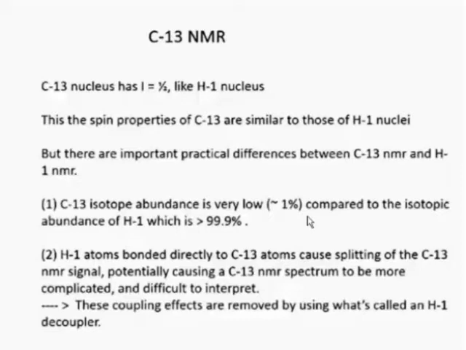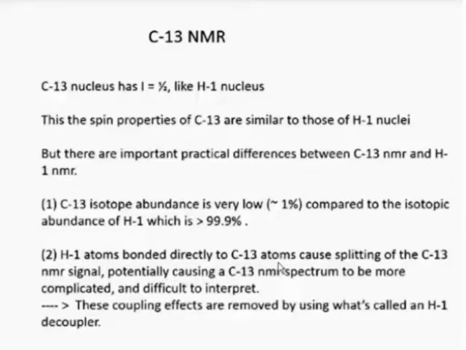Now there's another issue with C13 NMR. A carbon atom in a molecule is typically bonded to hydrogens, 1, 2, or 3. A methyl group is bonded to 3 hydrogens, methylene bonded to 2, and so forth.